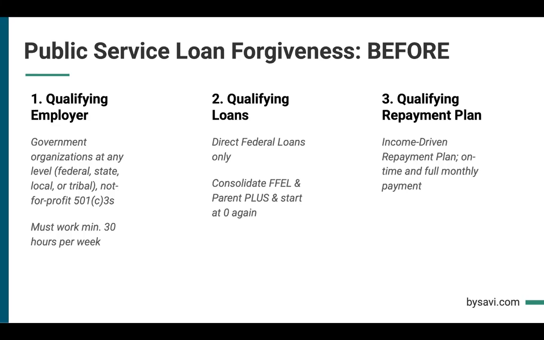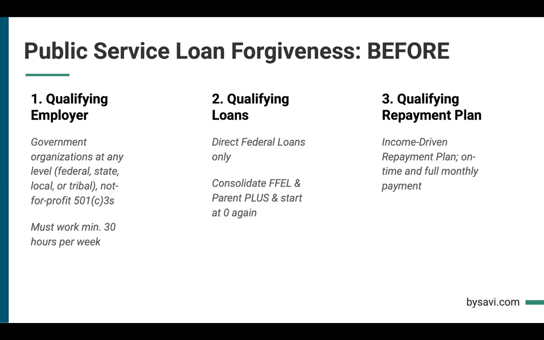Now, if you had a FFEL loan and attempted to apply for public service loan forgiveness up until this waiver period, you would have been rejected and told that you need to consolidate that loan into an eligible loan type, which is a direct loan, in order for it to become eligible. And only after the point of consolidation would you be able to start accumulating qualifying credits.